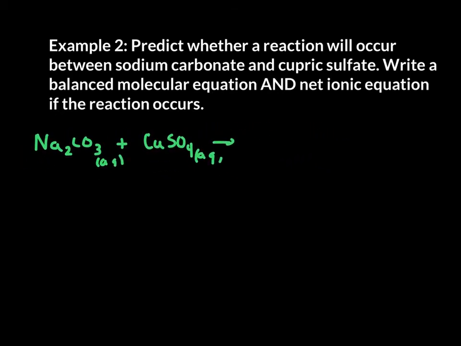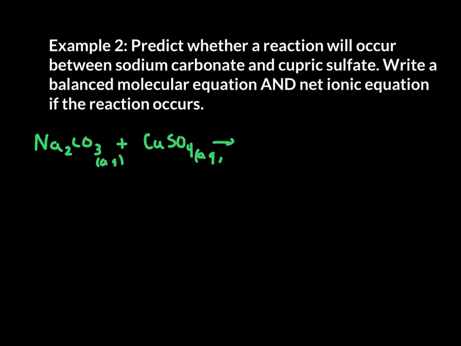And we have to decide if we do in fact have a chemical reaction here. Well, what's going to happen? This is obviously going to be a double replacement or double displacement reaction. So our sulfate ion is going to come and hook up with sodium, and our carbonate ion is going to come and hook up with the cupric ion. So let's write those down first, okay?